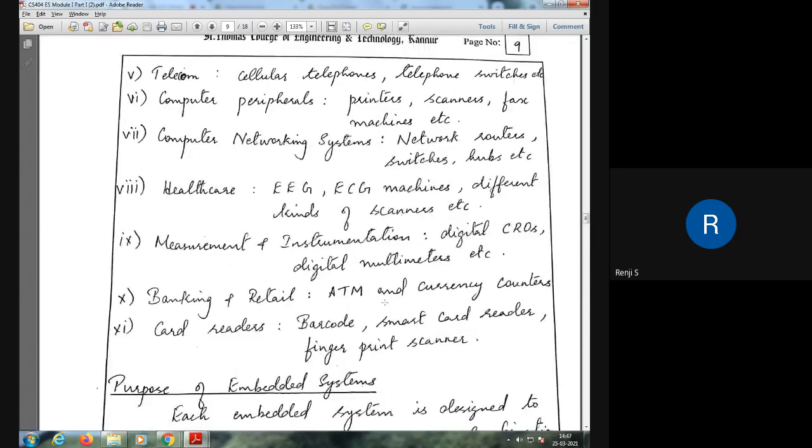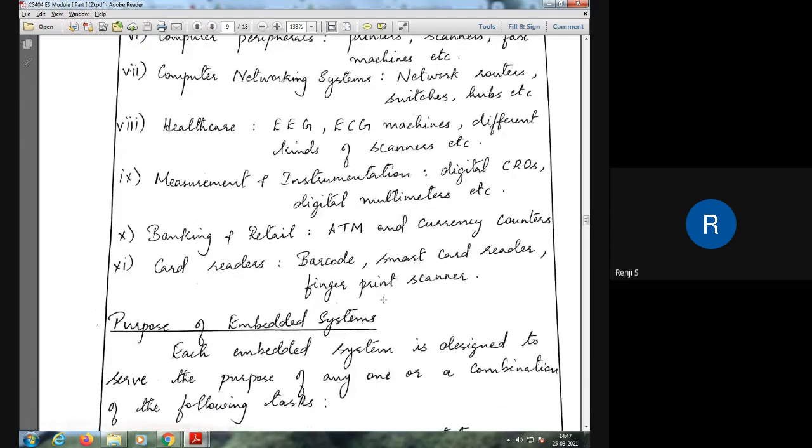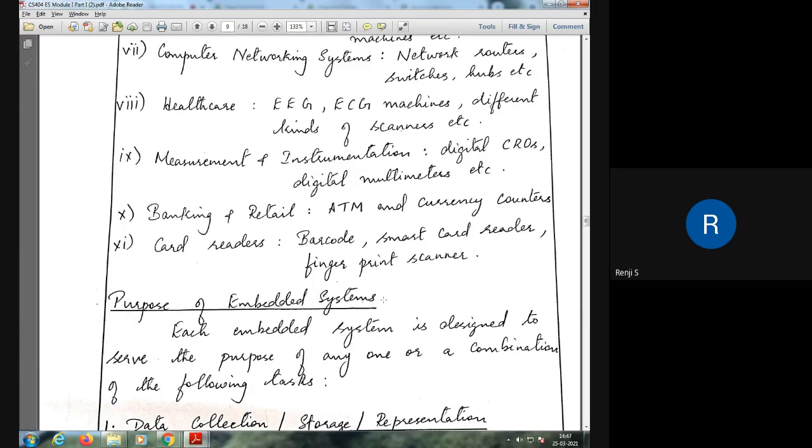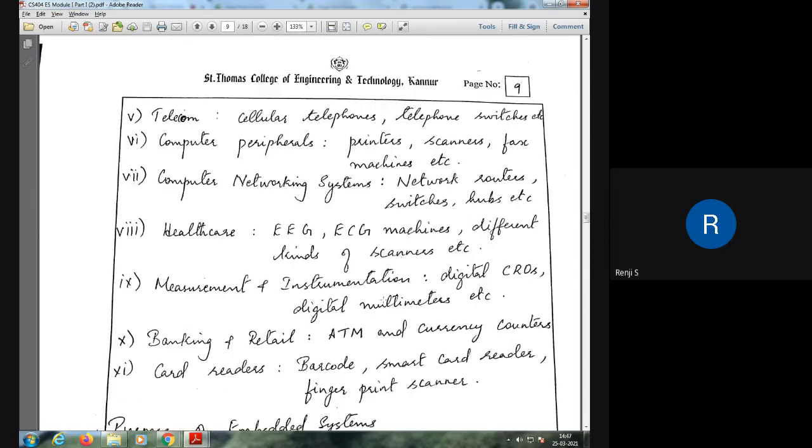In healthcare, most of the applications of embedded systems come, where they use many devices for monitoring the behavior of signals generated by the human body, like EEG, ECG machines, etc. Then in measurement and instrumentation, like digital CROs, digital multimeters, etc. Then in banking and retail, we come across ATMs, currency counters, and card readers like barcode, smart card reader, fingerprint scanners, etc. So we use at least one or two embedded systems in our day-to-day life. These are the major application areas of embedded systems.